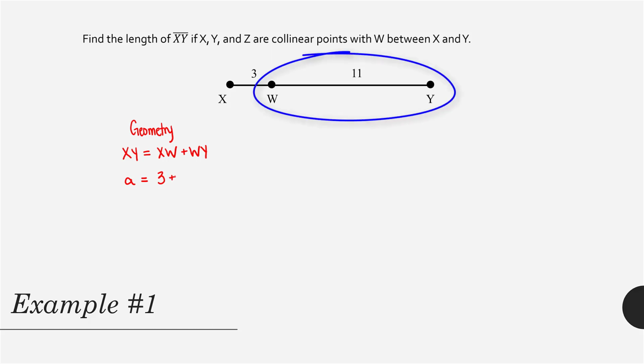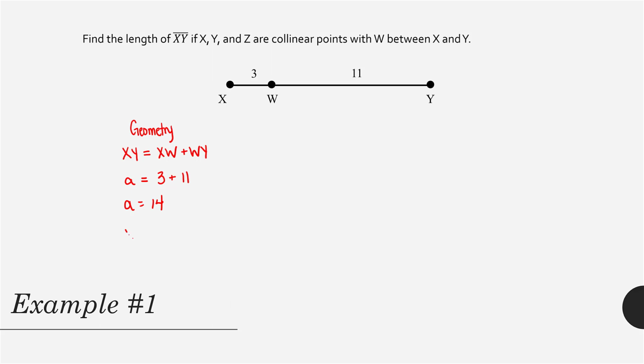That segment has a length of 11 in the diagram. So A equals 14, or in other words, XY equals 14.